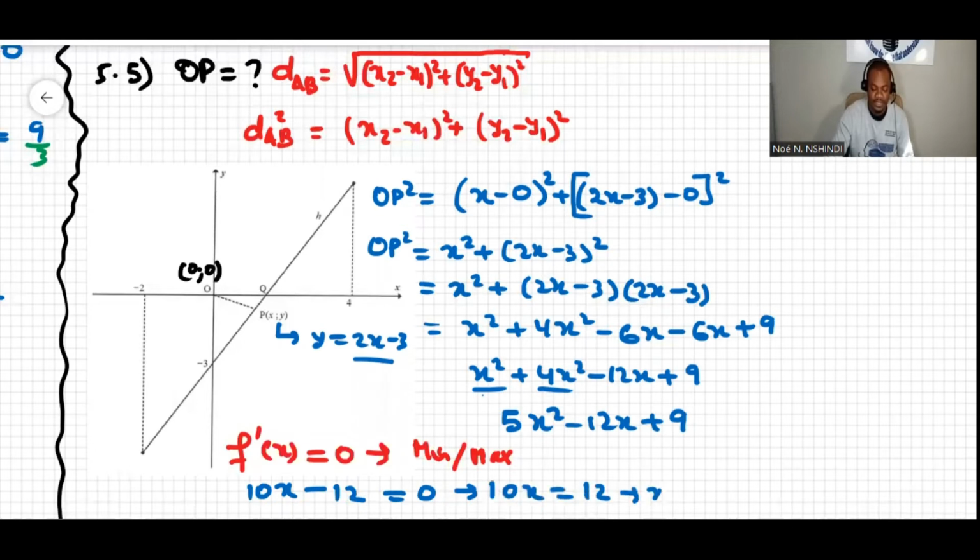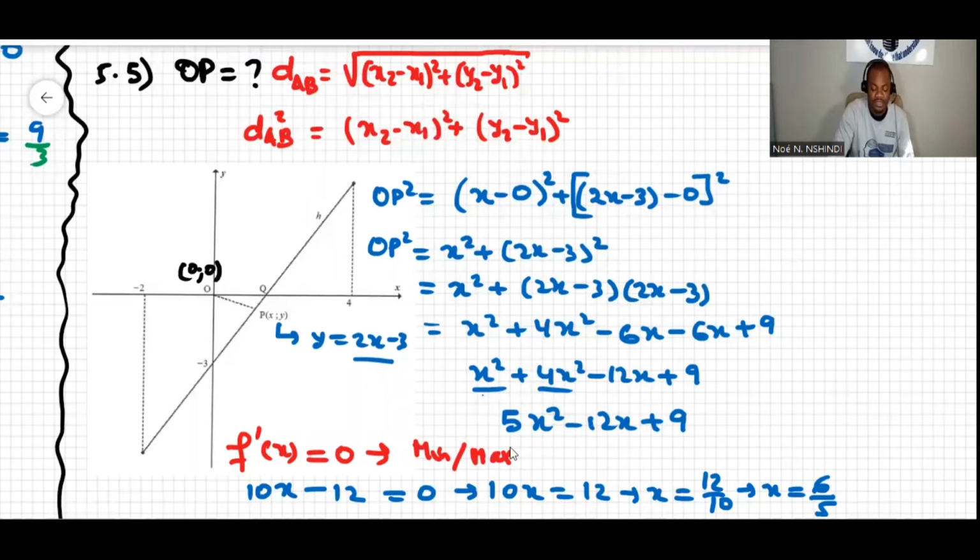That means x is equal to 12 over 10, which means x is equal to 6 over 5. We can do this because the derivative of the function determines the minimum or the maximum. In this case, it will determine the minimum because there is a minimum here. There is no maximum because it's a straight line, stretched endlessly.